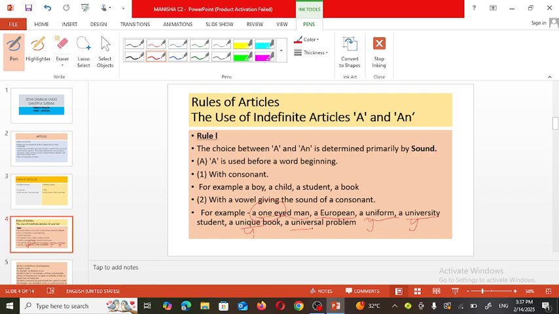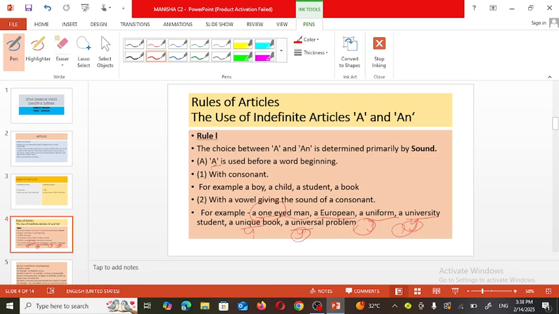And universal problem, this word starts with the pronunciation Y. So Y is a consonant, and before a consonant we must use the article a, as we have already discussed. So you are able to understand that though these words start with the letters O, E or U, they don't sound like vowels, and that's why the article a is used before them.